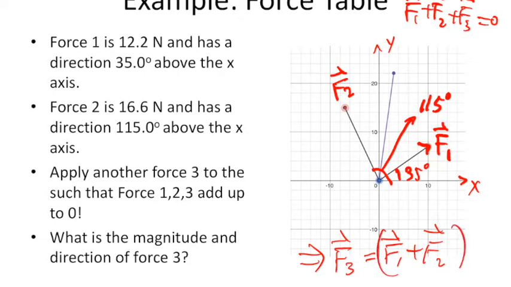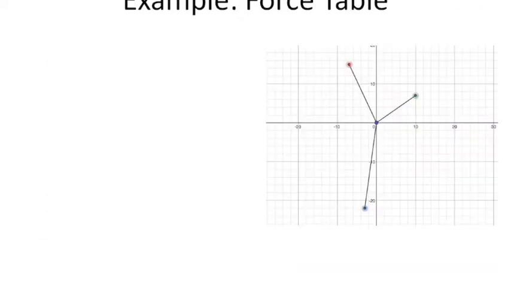So F3 should equal negative of F1 plus F2. First of all we need to add F1 and F2 together. Now how are we going to do that? Of course, components. First we need to find the x component of F1. F1x is F1 cosine theta 1.